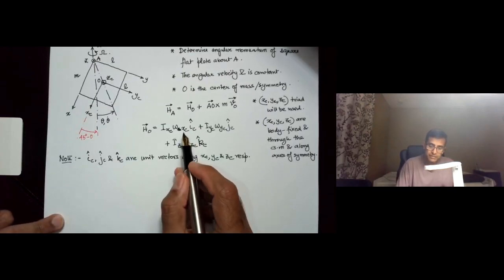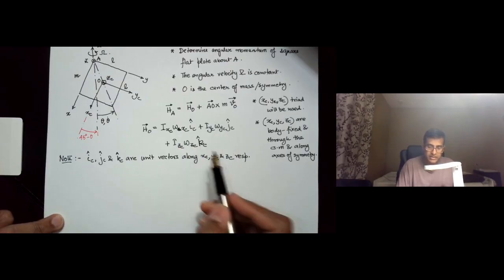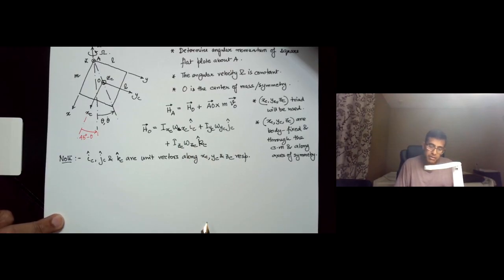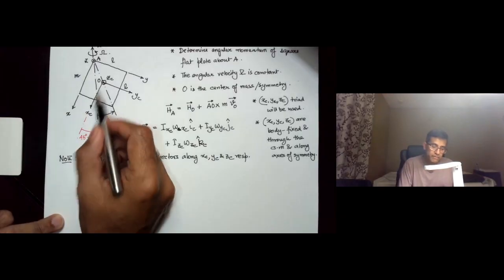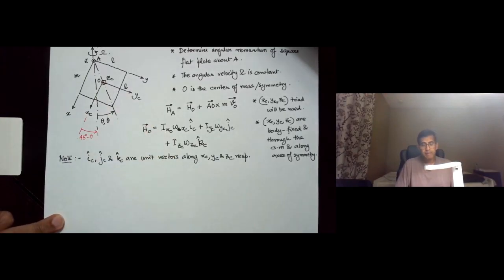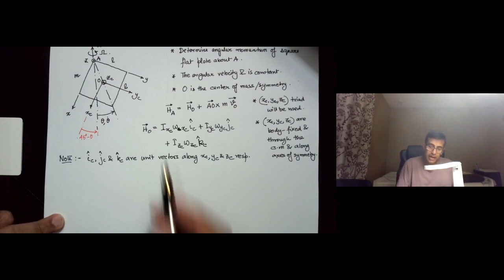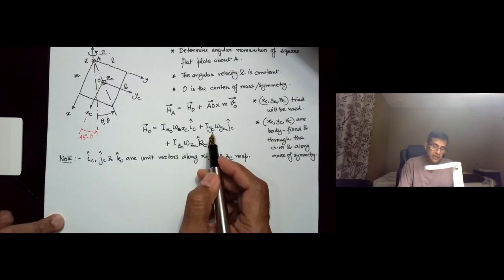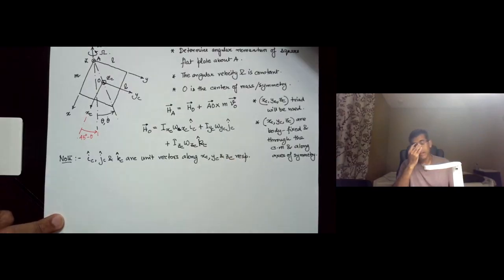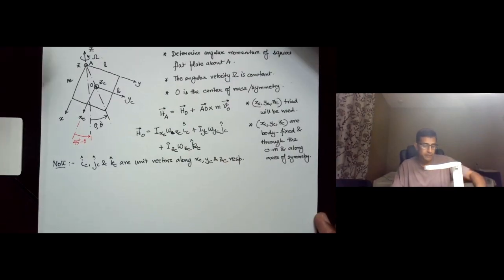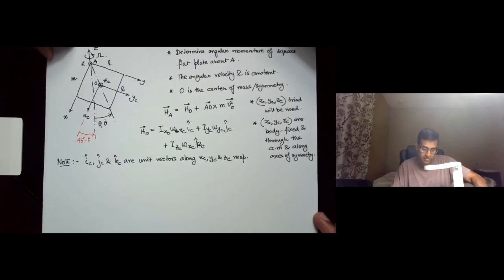And the angular velocities omega xc, omega yc, omega zc, as the variable names suggest, are along the axes of this triad. And similarly, Ixc, Iyc and Izc are the moments of inertia along the axes of this triad.